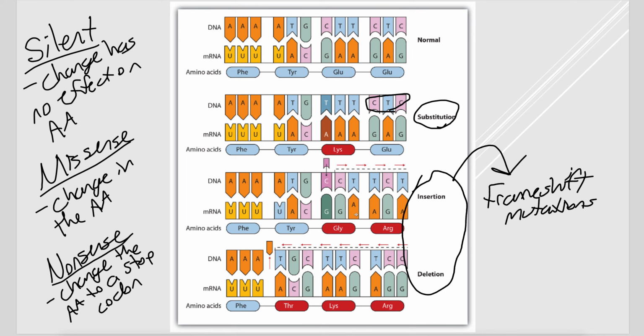But when you insert bases or you delete bases, you change how these molecular machines read the sequence. And you get screwy amino acid sequences, and these can be really bad. So that's a frame shift mutation.